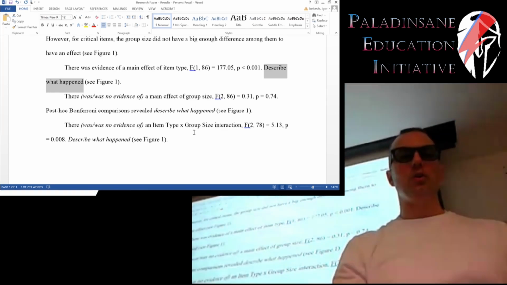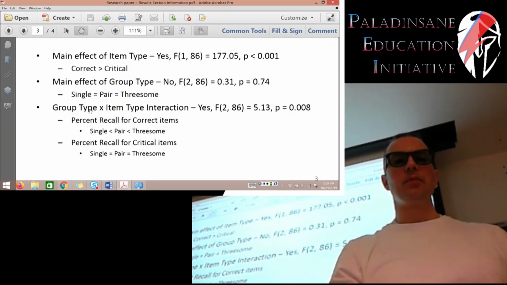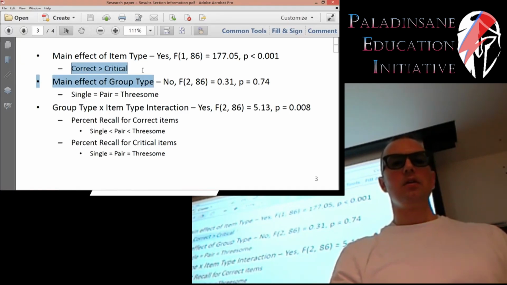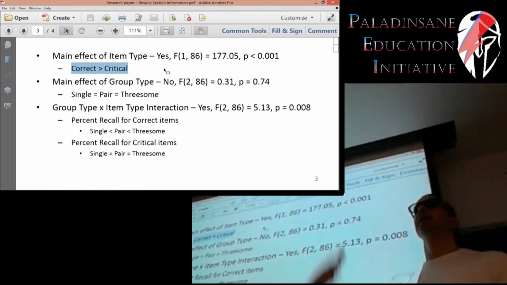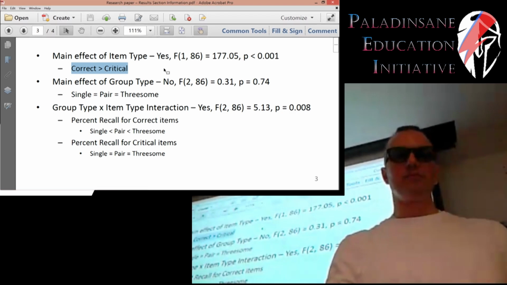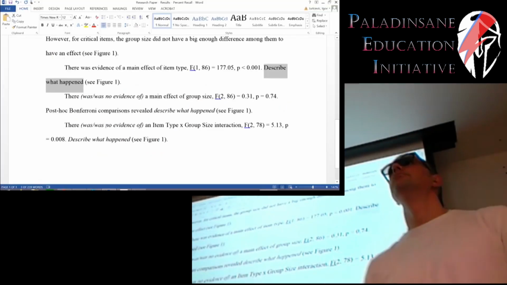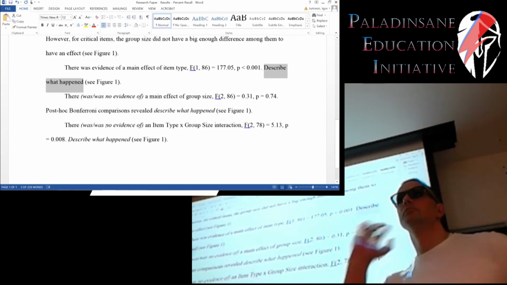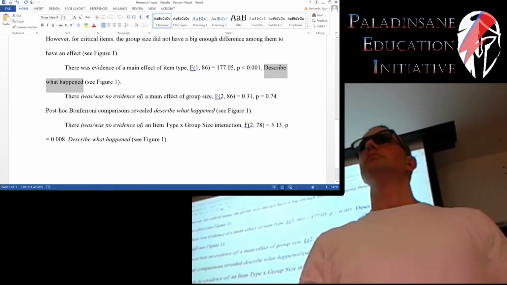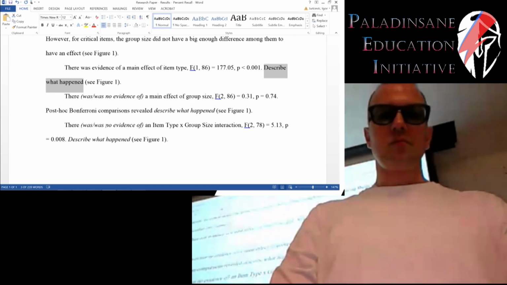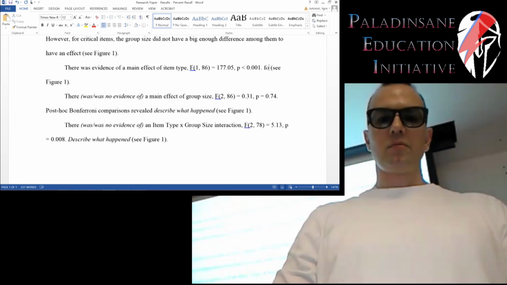We have to give them this information in an English language sentence. So, there were more correct items recalled than critical items. Higher percentage.